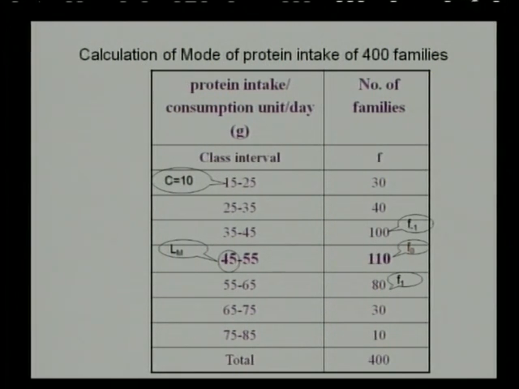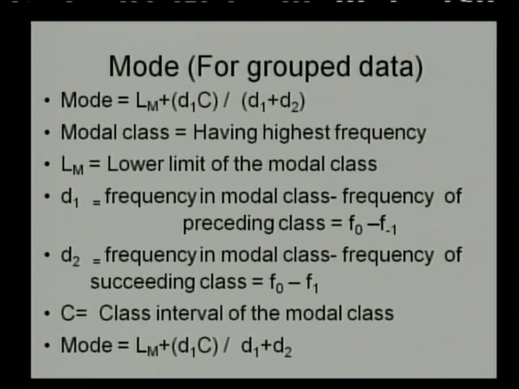So for the mode of this, let us understand the notation first. LM is the lower limit of the modal class. D1 and D2, what are they? Lower limit of the modal class, that is clear. D1 is the frequency in the modal class minus the frequency of the preceding class of the modal class, that means F0 minus F minus 1.